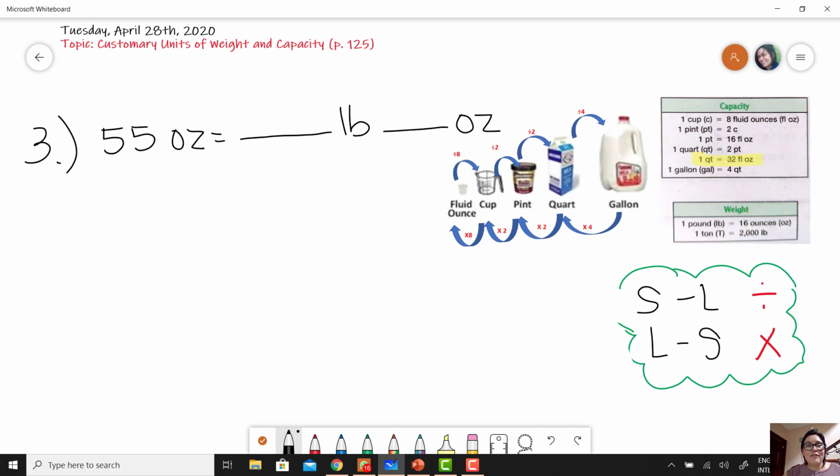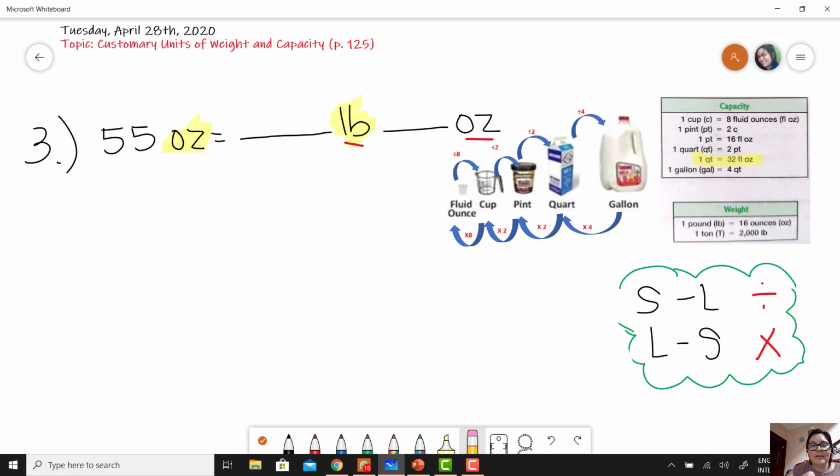Let's do number 3. Number 3 says 55 ounces. How many pounds? And in here we have ounces again, but you are going to see why later. So we are going to change from ounces to pounds. Where do you have ounces and where do you have pounds also?